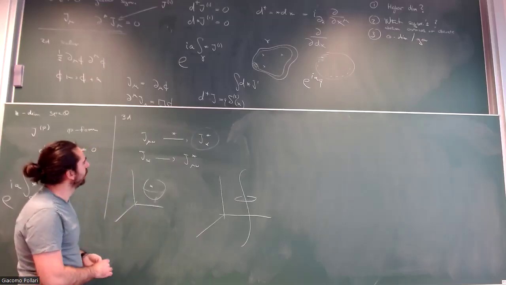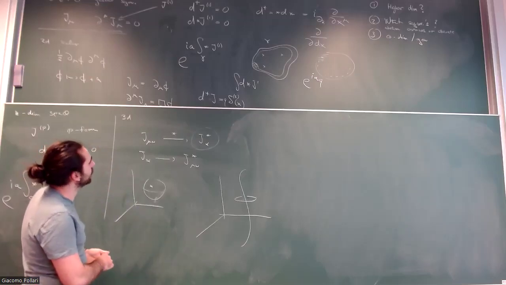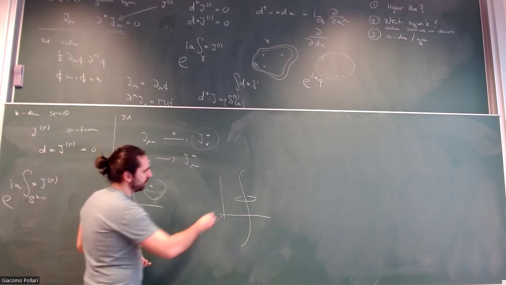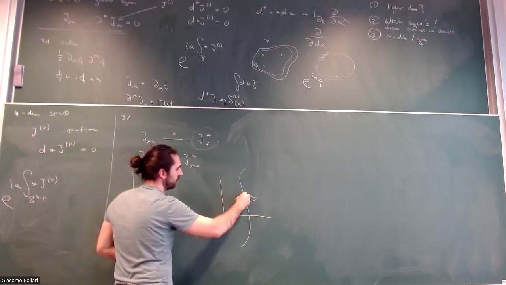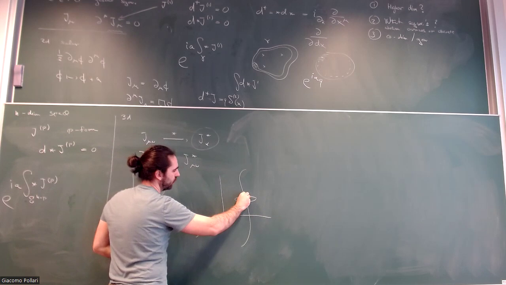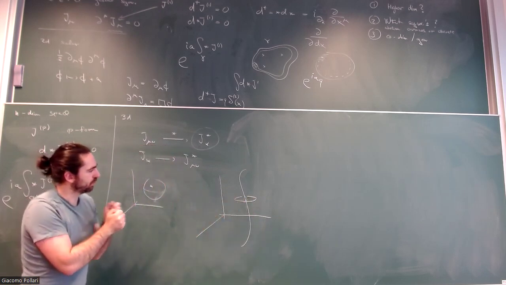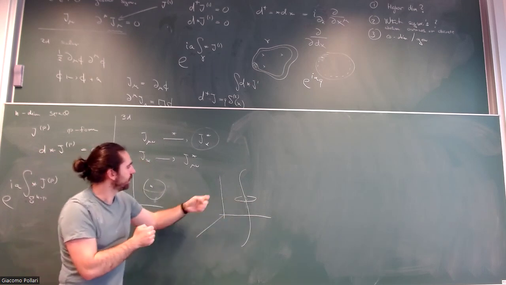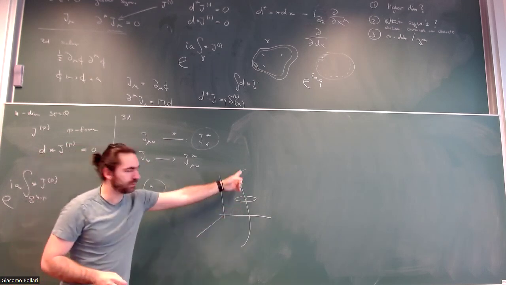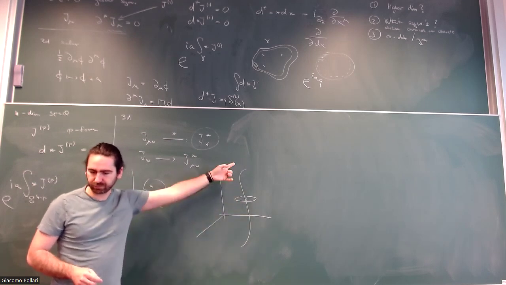Now the insertion will be a two-dimensional delta function. And once I pull this away from my line, I will read off the charge of this line operator.